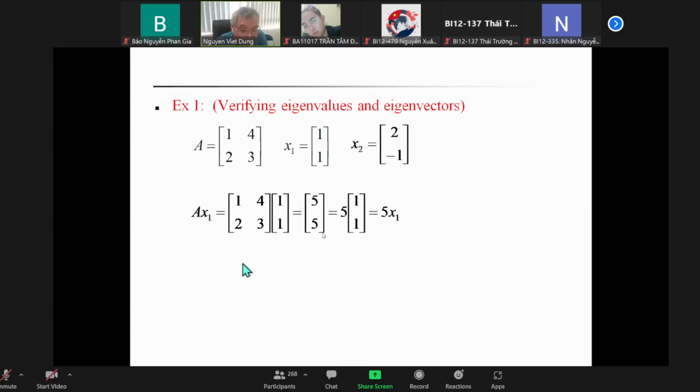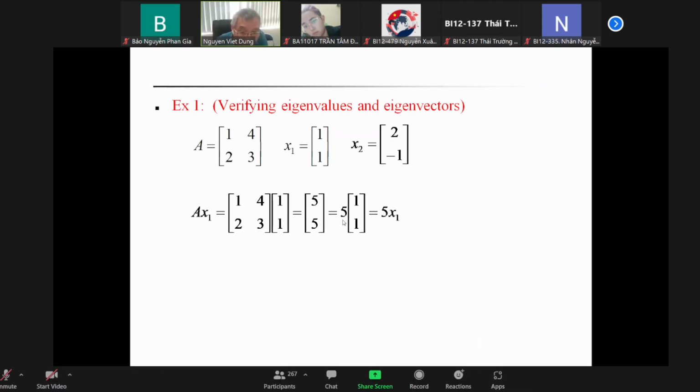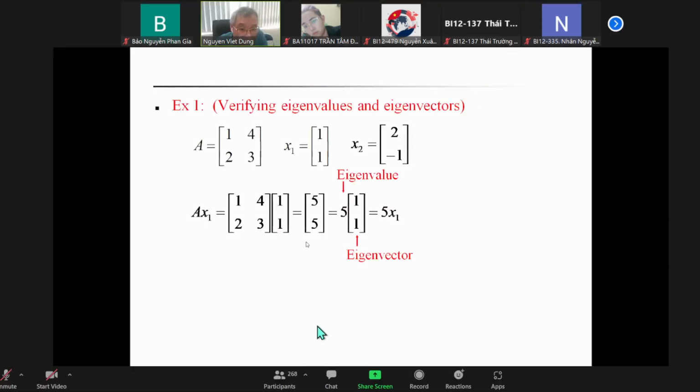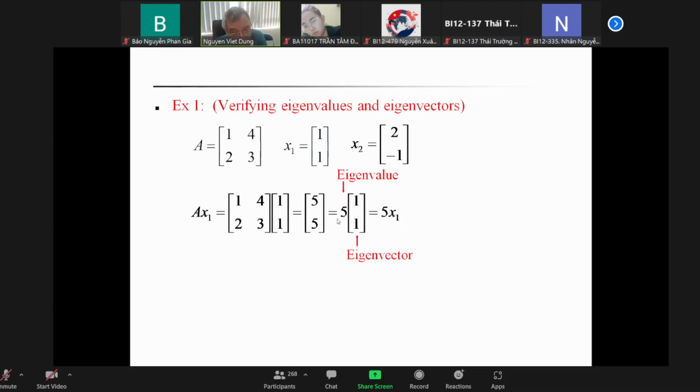Because (5, 5) is 5 times (1, 1), it equals 5 times x1, since x1 is (1, 1). So the number 5 is an eigenvalue, and x1 is an eigenvector of A corresponding to the eigenvalue 5.